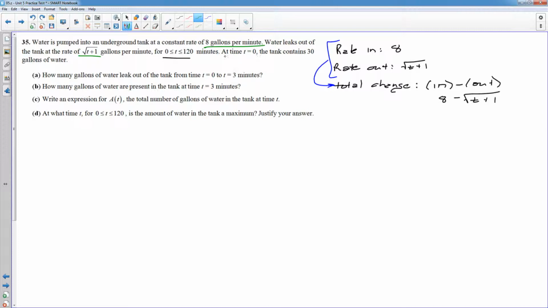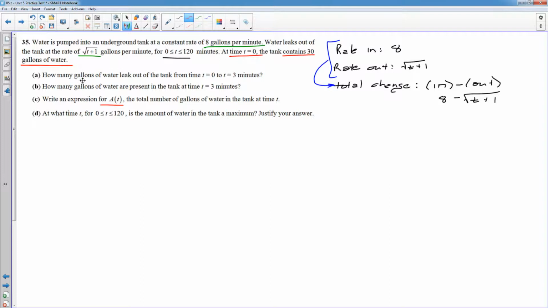So they give you the initial condition of at time 0, we have 30 gallons of water. And if you read through the problem, question A asks how many gallons leak out from 0 to 3. B is how many gallons are actually in the tank at 3. Part C, they actually define a new function, A of t, which is the total amount of gallons.